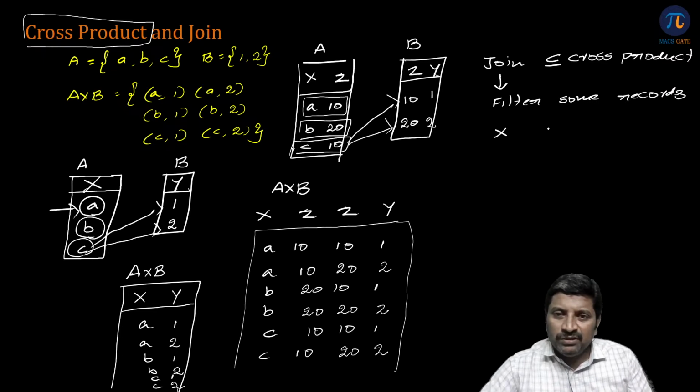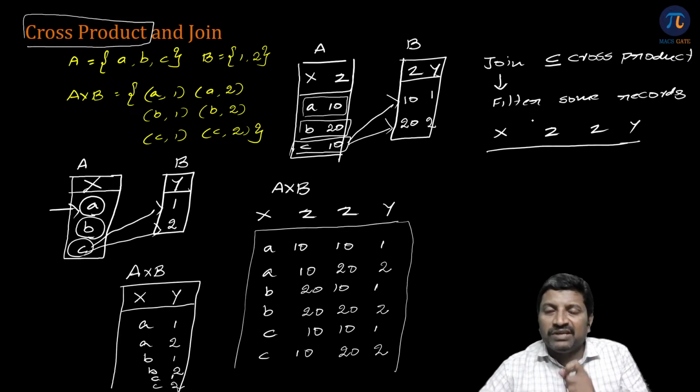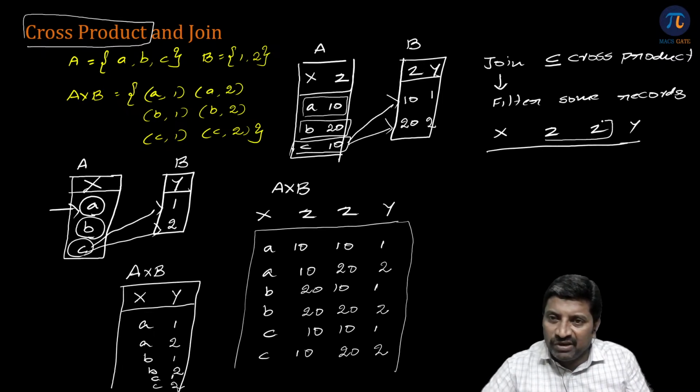Then what are those? Join will consider the rows in which the common columns are having same values.